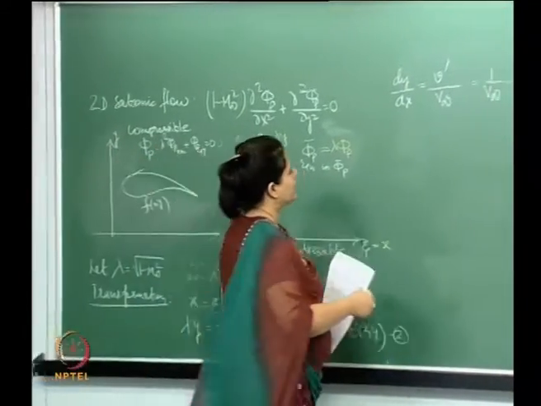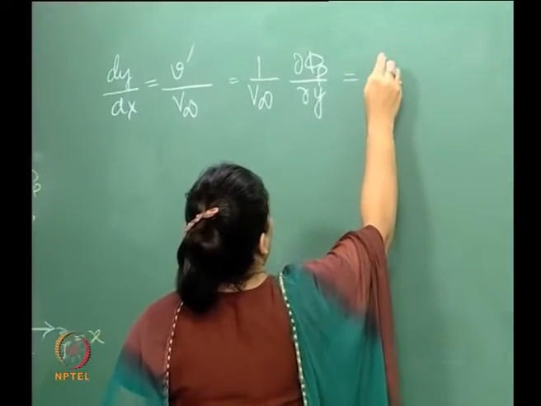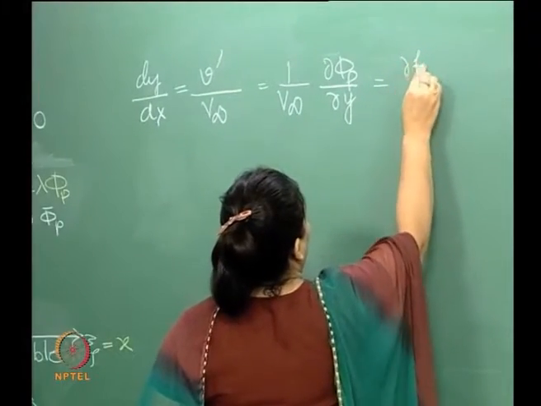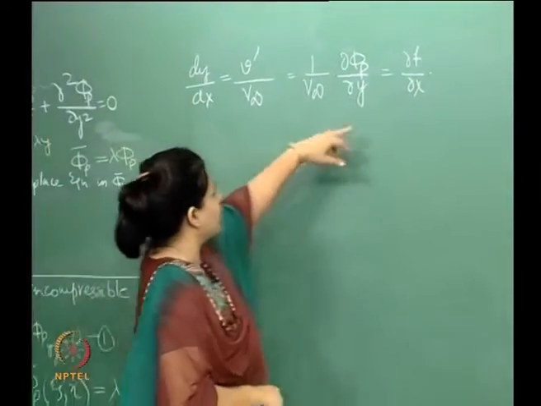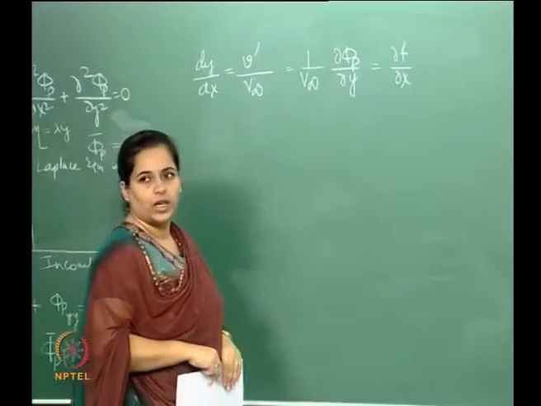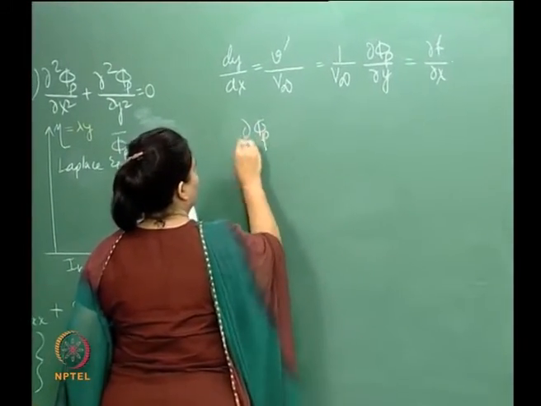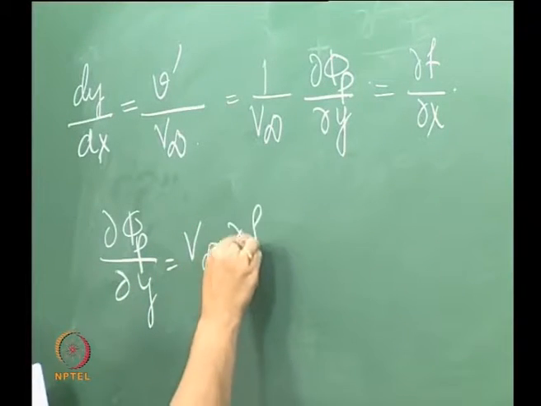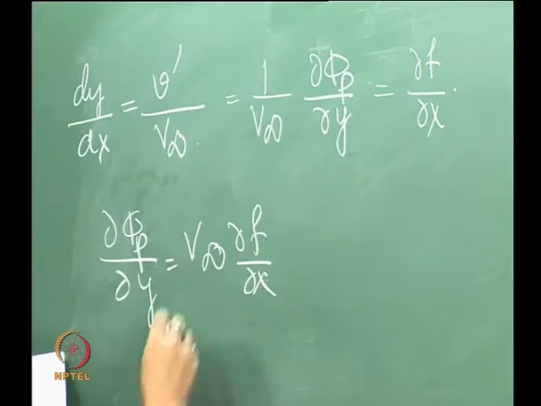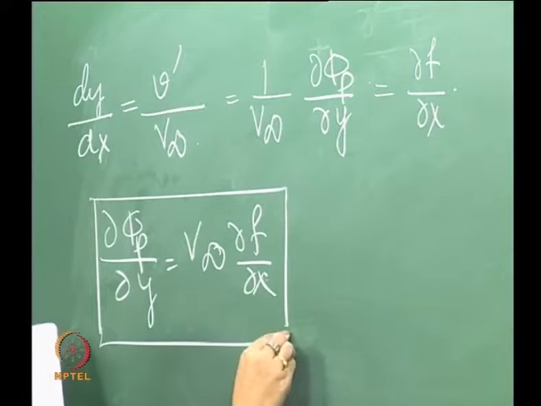So I could write this, just so dy by dx would be df by dx. So let's do that.